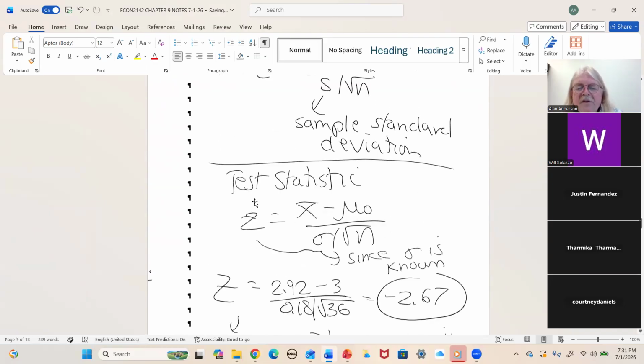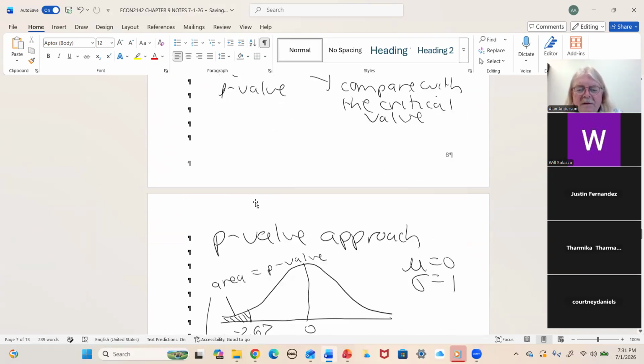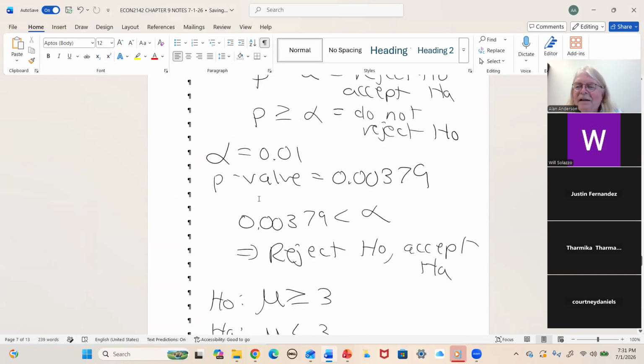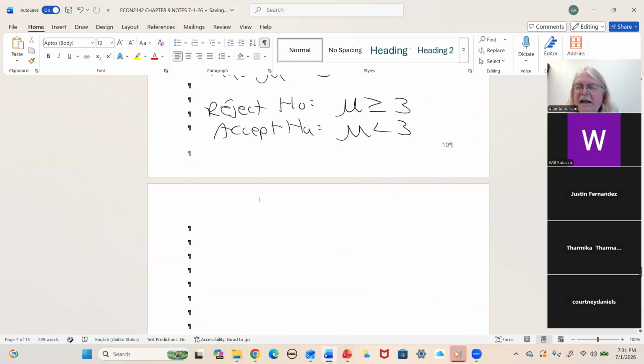We should be comfortable with both approaches, so we can't neglect it, even though calculators will often provide the p-value to us.